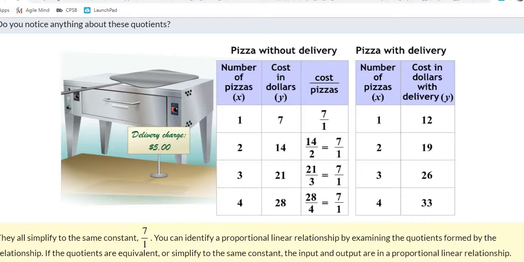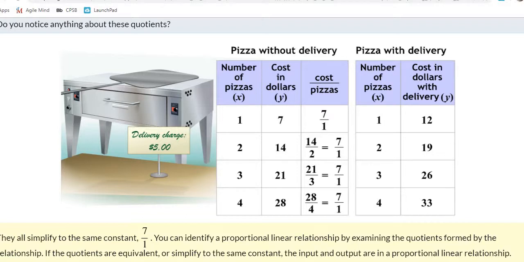Okay, either one. That is its constant. And we like to call it its constant of proportionality. So since it has the same constant, it is a proportion. Hence, constant of proportionality. So this table we knew was proportional. That's why it has a constant.